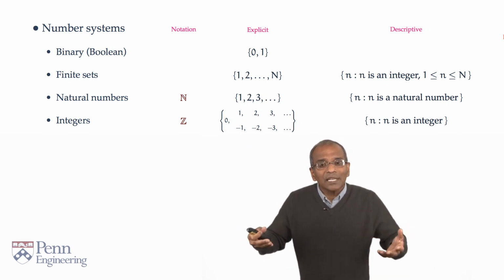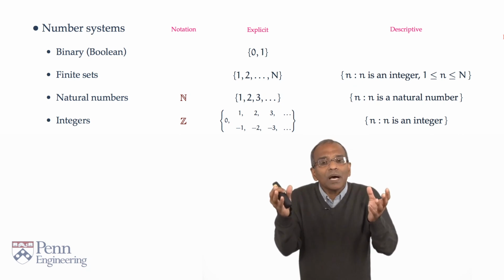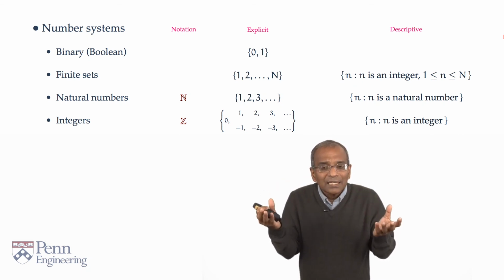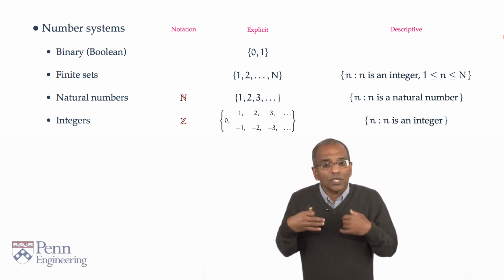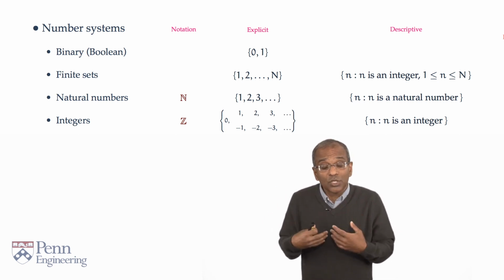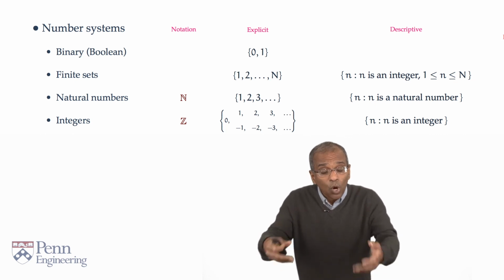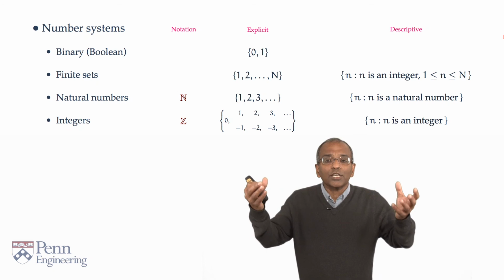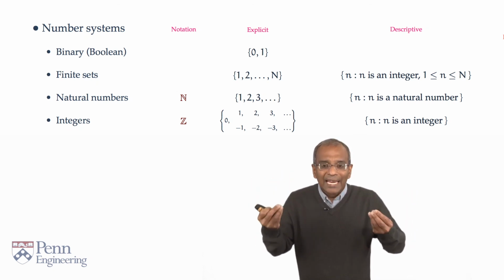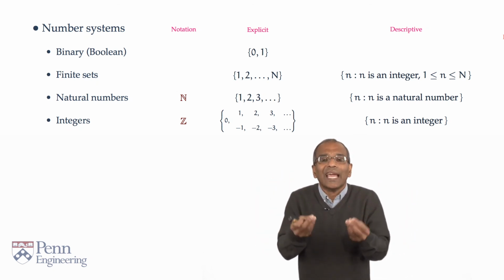We'll see them repeatedly. They have a name denoted by blackboard bold Z, and they connote explicitly all the integers we are familiar with: 0, 1 and minus 1, 2 and minus 2, 3 and minus 3, and so on. And the descriptive notation says this is a collection of letters n, where n is any integer.